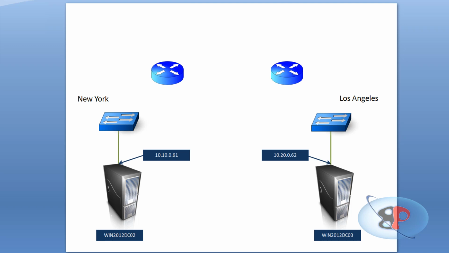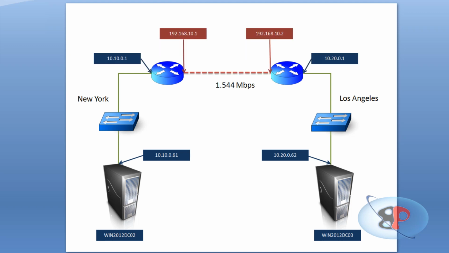Now, as I said, I'm going to bring in two routers, one on each side, and connect them. And then I'm going to establish a WAN link between them, which will be at a speed of 1.544 Mbps. And these two routers will have the IP address of 192.168.10.1 and 192.168.10.2 to communicate between each other.